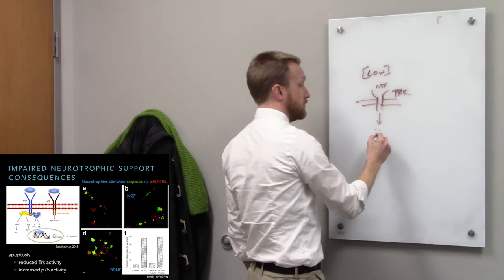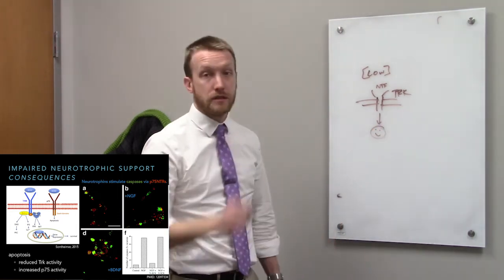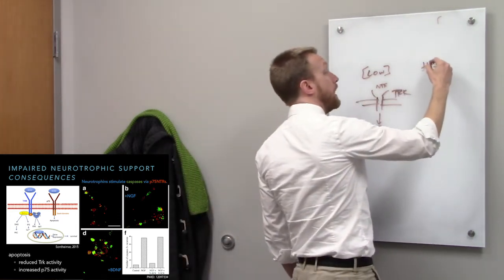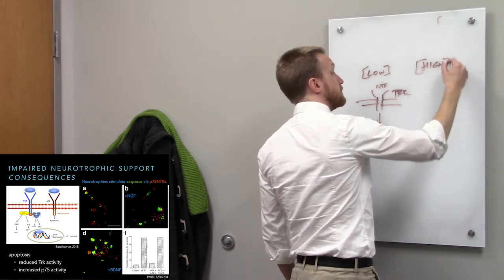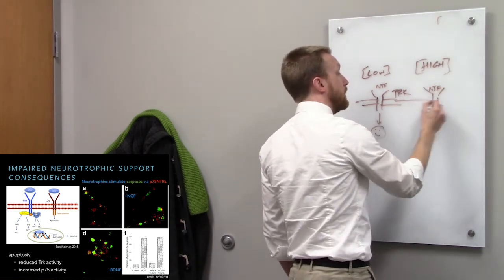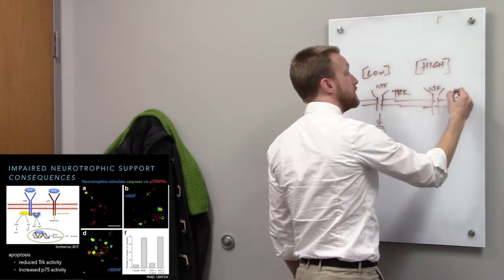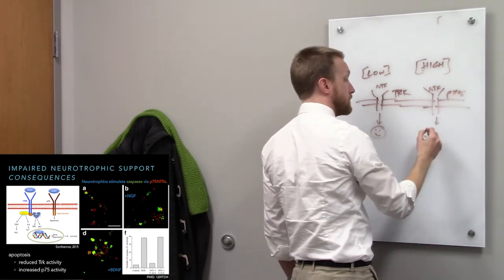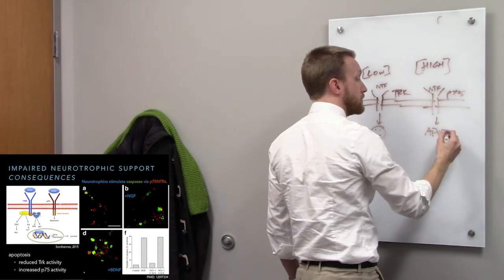And that is going to be nurturing to the cell. At high concentrations of our neurotrophic factor, then we start to stimulate P75, and that is going to trigger apoptosis.